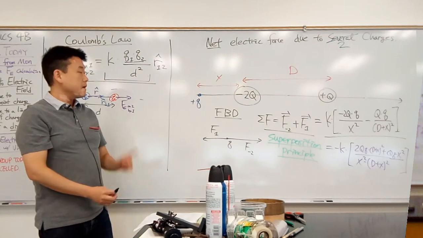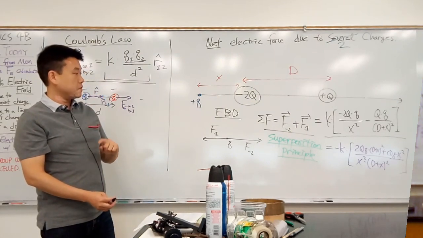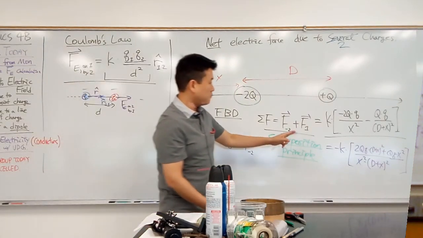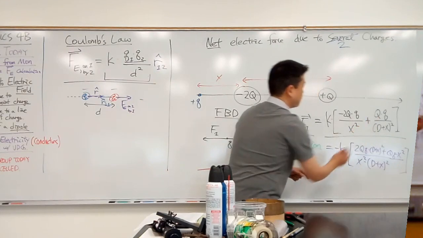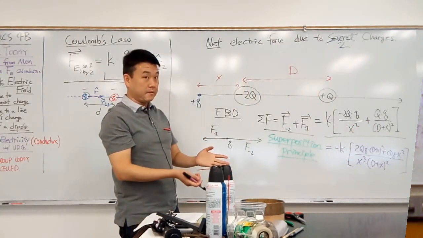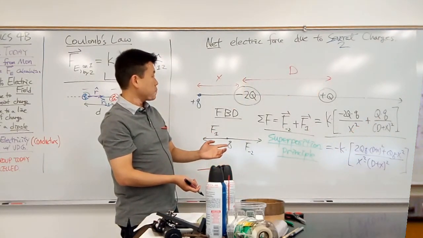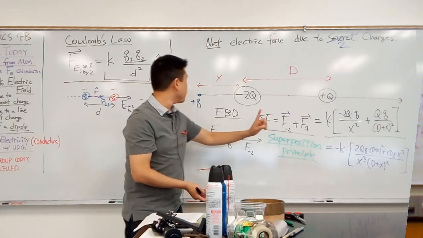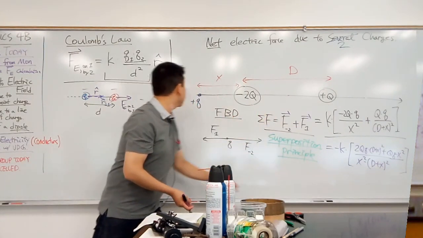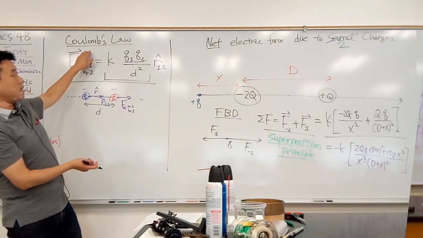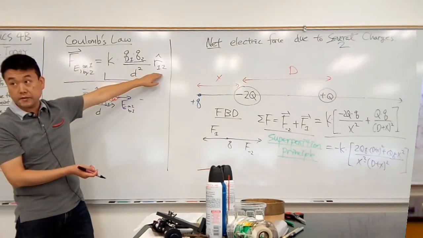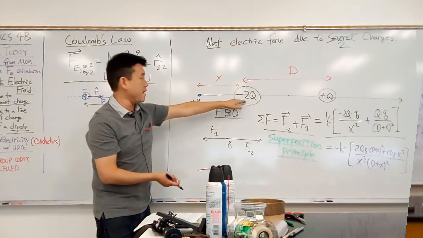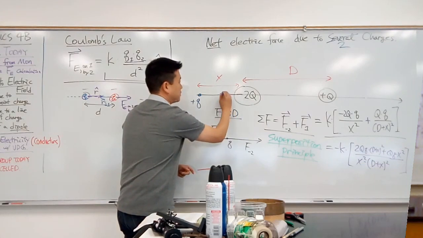All right? So if I'm doing that, except this is with a plus sign, everything is fine. The thing I would have to be careful with is that these are vectors, and in Coulomb's law, there's this unit vector here. So with the minus 2q, the unit vector points this way.